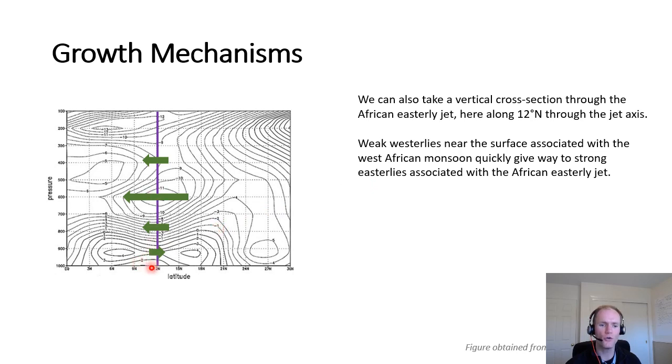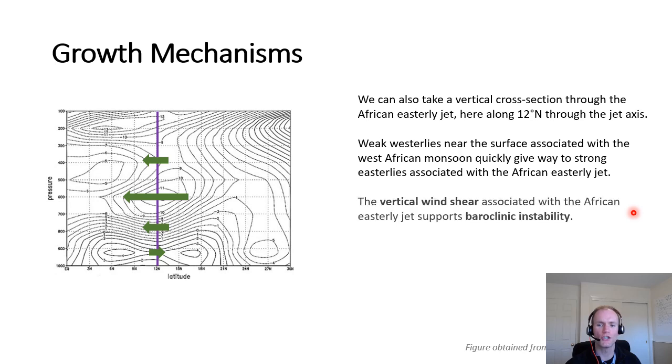So there's a vertical wind shear that is associated with this, and this gives rise to our baroclinic instability associated with a vertically wind sheared type of environment. And so the vertical wind shear between the West African monsoon at low levels and the African easterly jet at mid levels gives rise to conditions that favor baroclinic instability that allow the waves to grow at the expense of the jet as well.